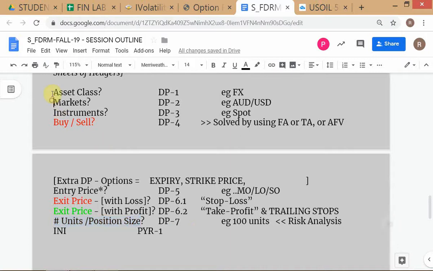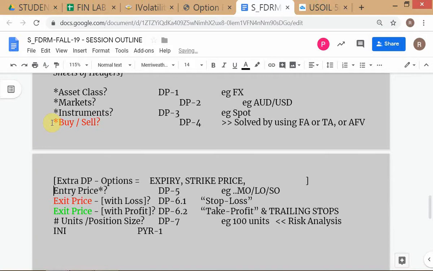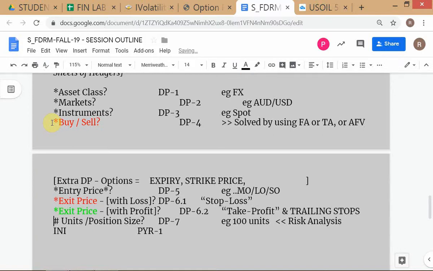Let me highlight the problems. In buy and sell, there are extra decision problems. Entry price is one problem, then exit price with loss, exit price with profit, and number of units.